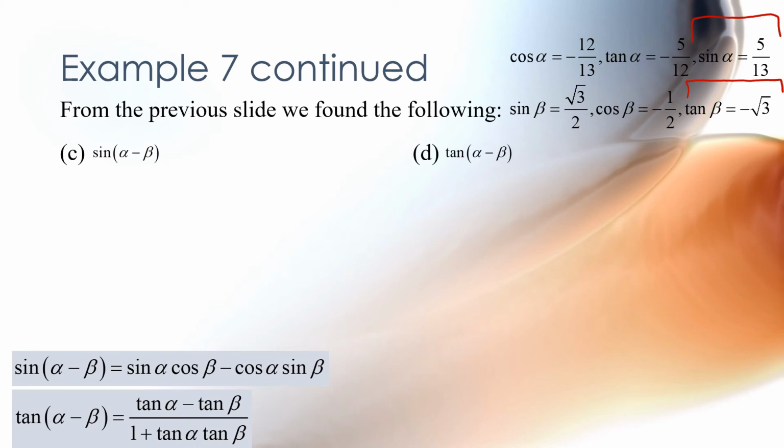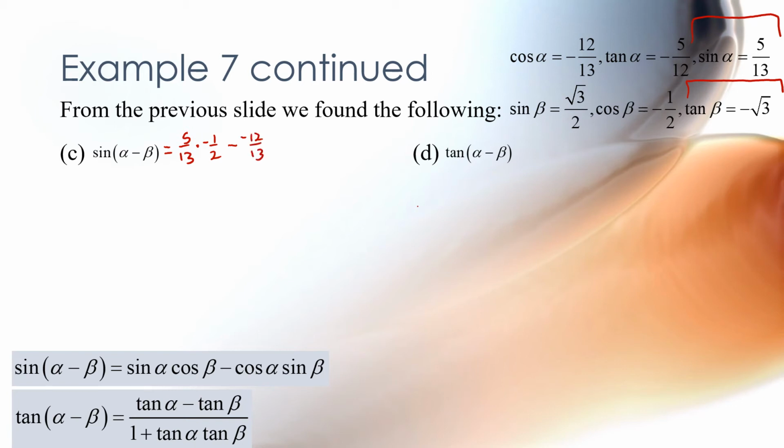So let's go ahead and start part C, sine of alpha minus beta. The identity is down at the bottom. That is simply equal to the sine of alpha, which was given to me as 5 over 13, times the cosine of beta. The cosine of beta is negative 1/2, and I'm going to subtract from that the cosine of alpha, which is negative 12 over 13.